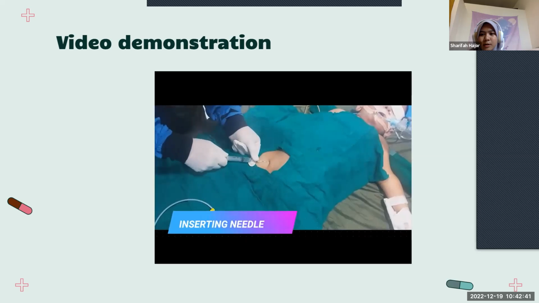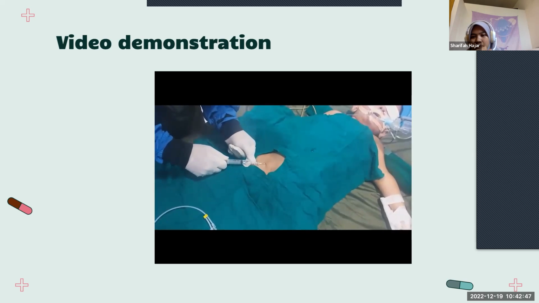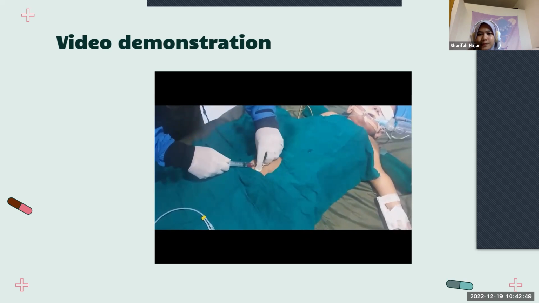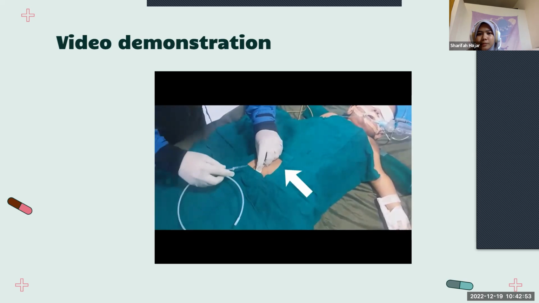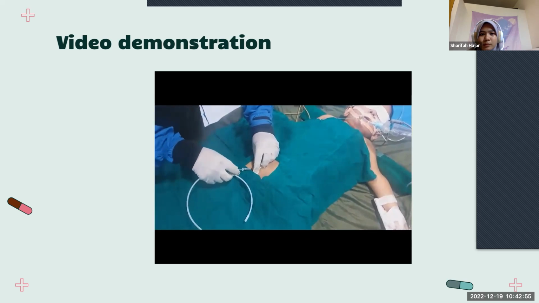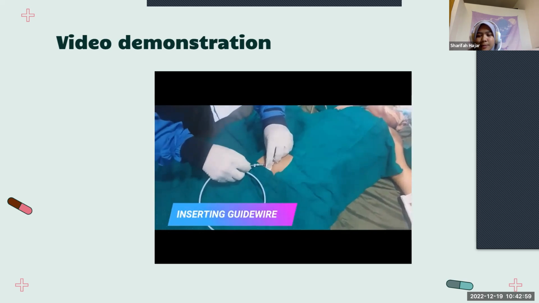Alright, so first they insert the needle and watch for backflow. After that, disconnect the syringe from the needle and then insert the guide wire.